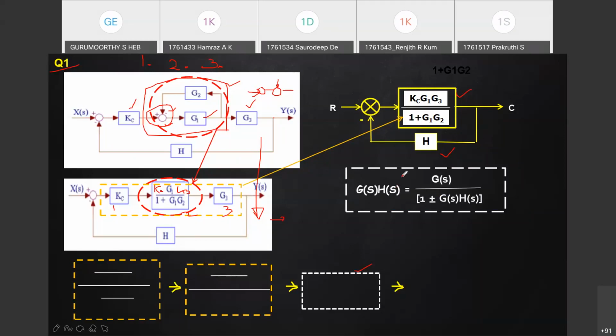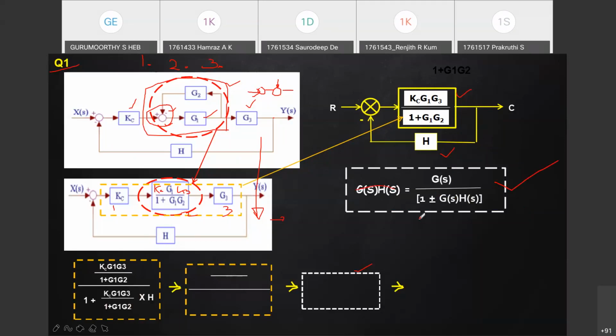The transfer function C of S by R of S equals G of S divided by 1 plus or minus G of S H of S. This is the formula to reduce to the final transfer function.